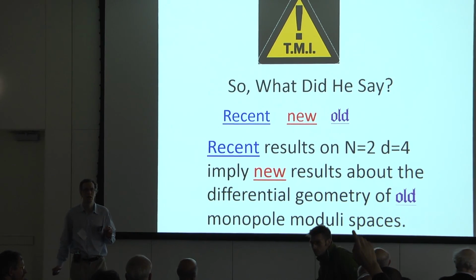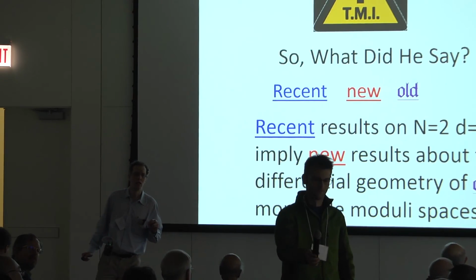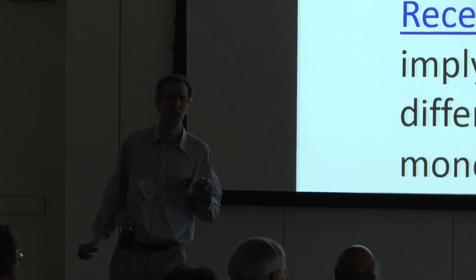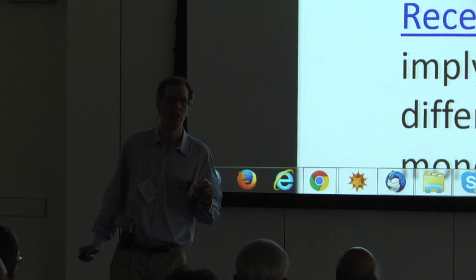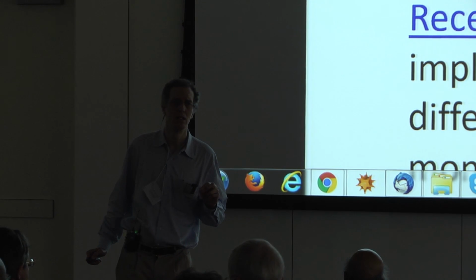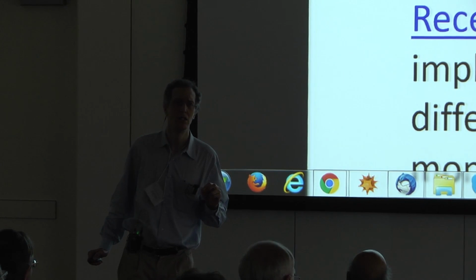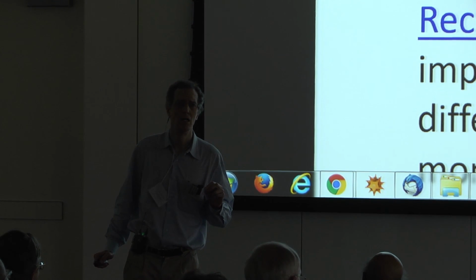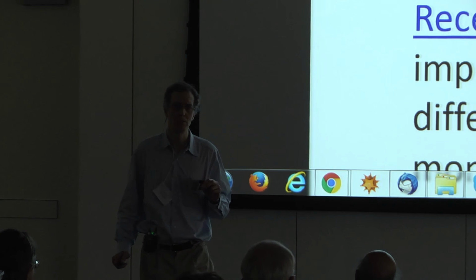Jeff? You defined singular monopoles in terms of solutions to the Bogomolny equations with certain asymptotics. And for the D-brane picture, it would seem that using Nahm's equations or a modification of Nahm's equations would be a very natural thing to do. Absolutely.